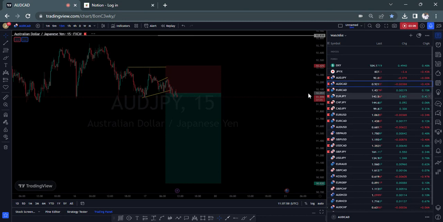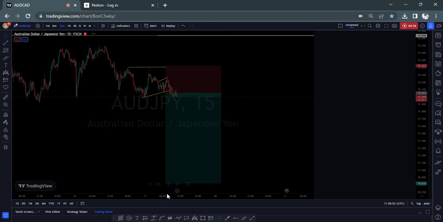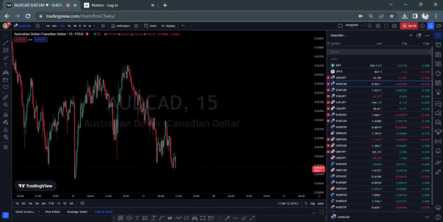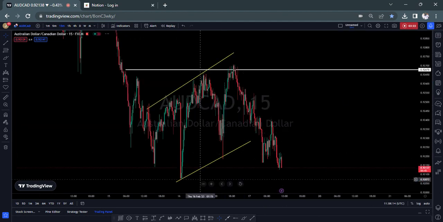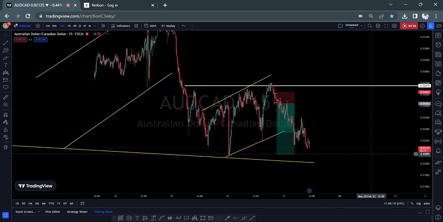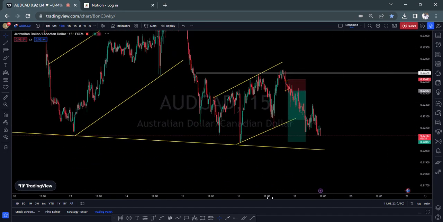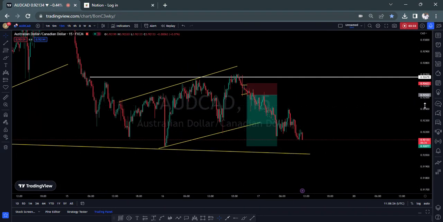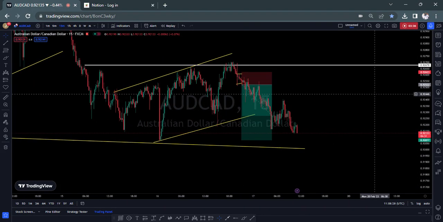The next one I'm having here is AUD card. I analyzed this pair yesterday. I think the service is kind of bad. I did analyze this pair yesterday, and although I didn't take this trade because it was already late, I won't be available to manage the trade.